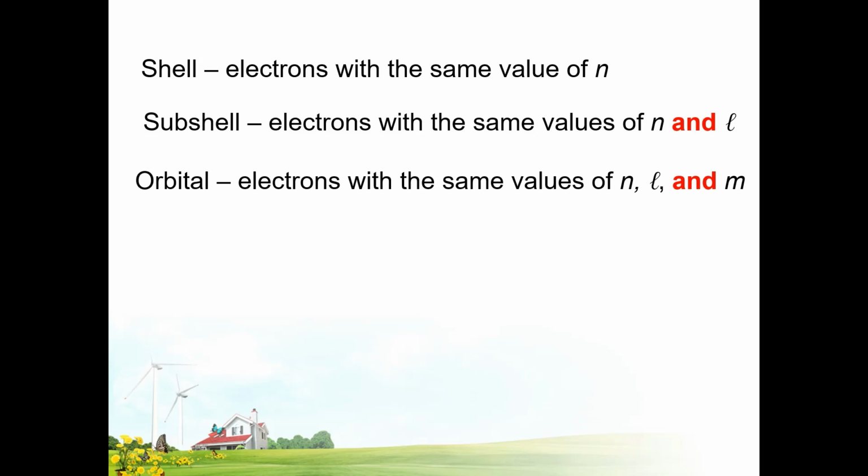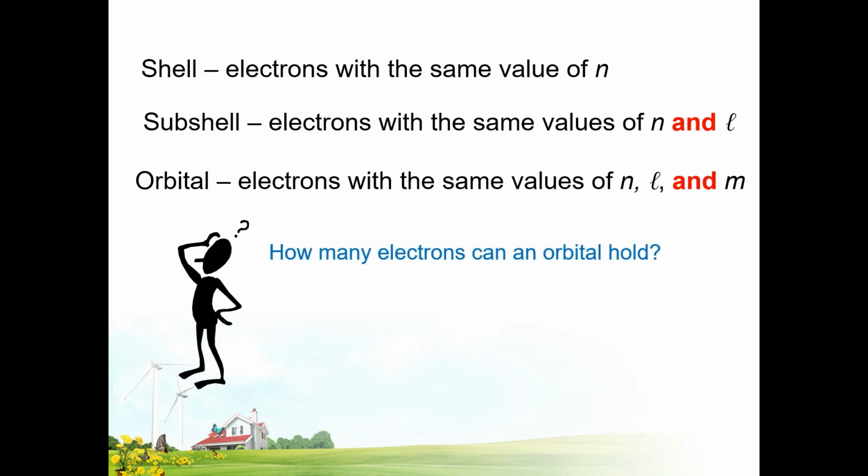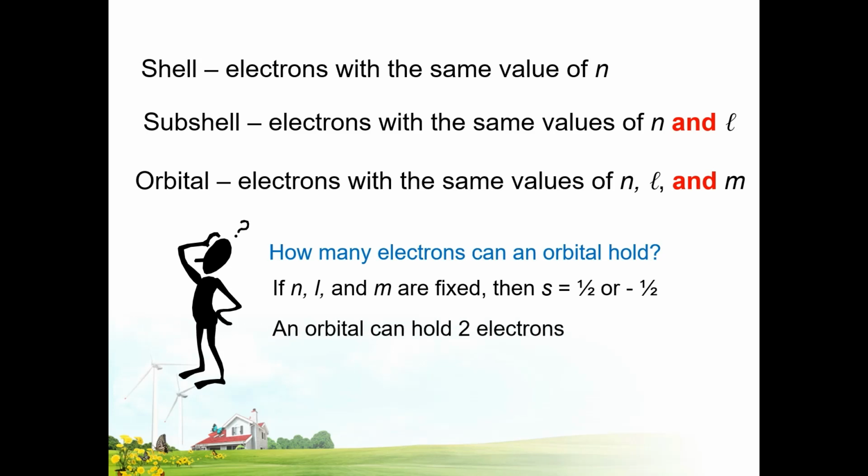An orbital is even smaller because it has electrons having the same values of n, l, and m. The question is, how many electrons can an orbital hold? If n, l, and m are fixed, then s is positive half or negative half. Ultimately, an orbital can hold 2 electrons.